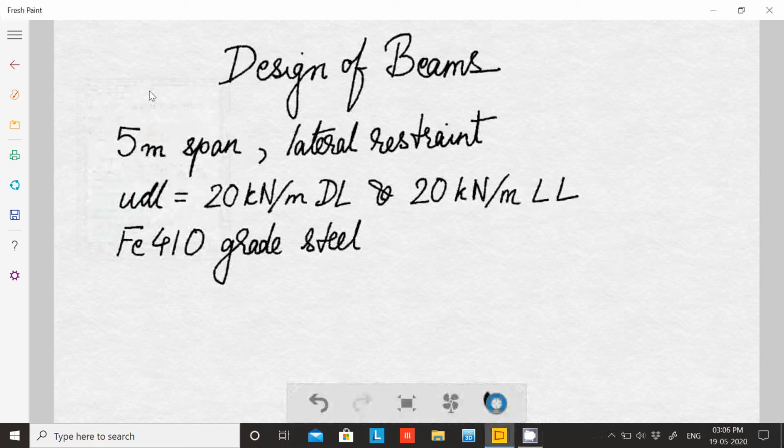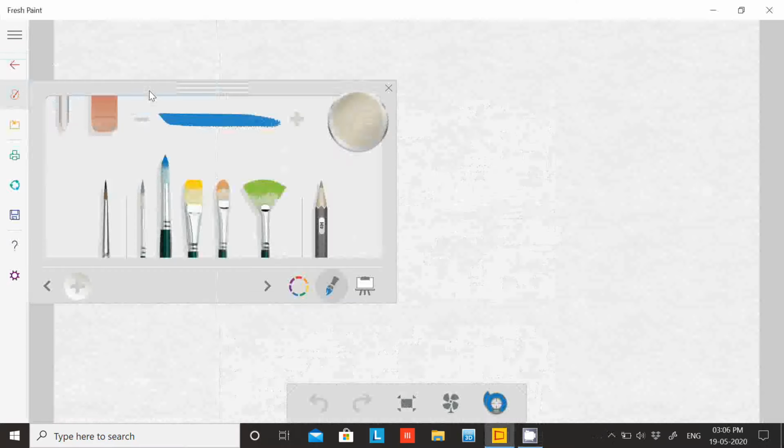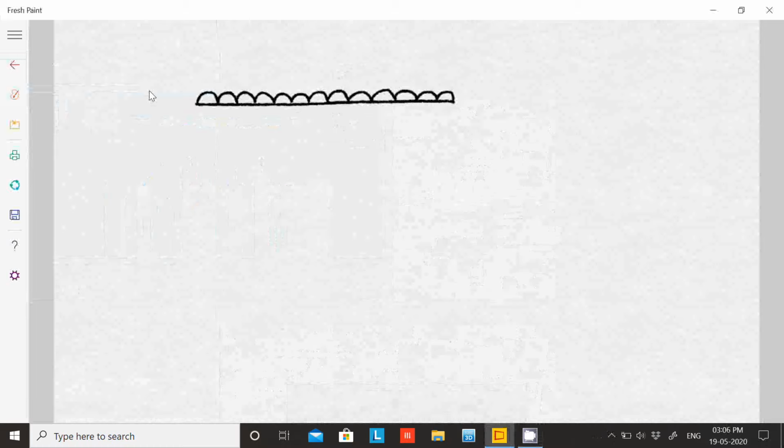Okay, so if we draw the diagram, how will it look like? So let us draw it. So this is the simply supported beam.